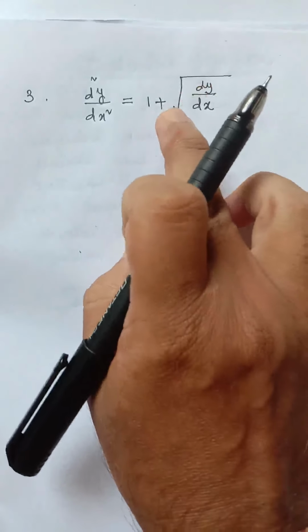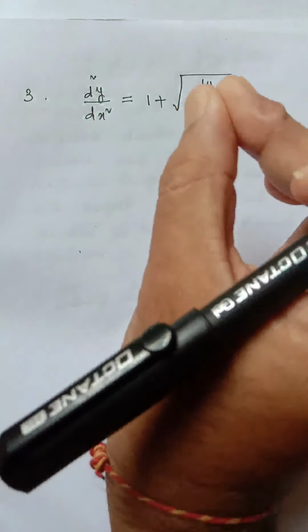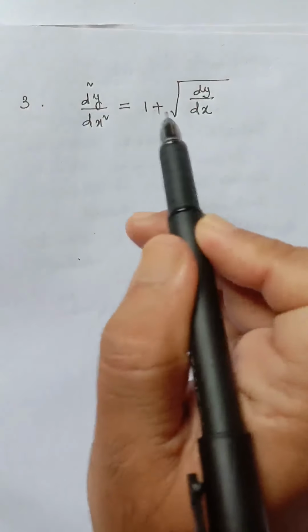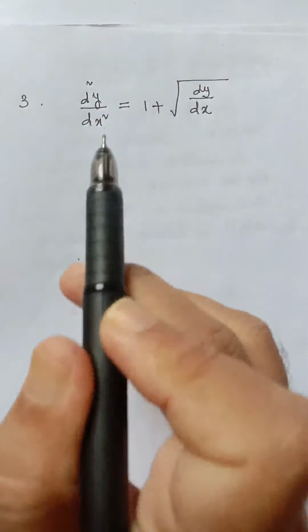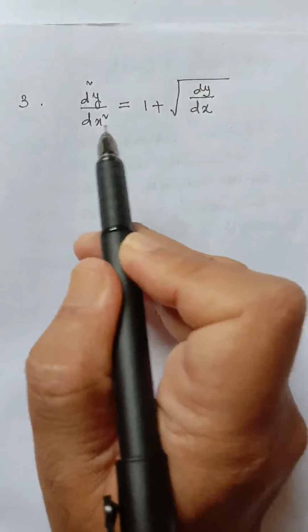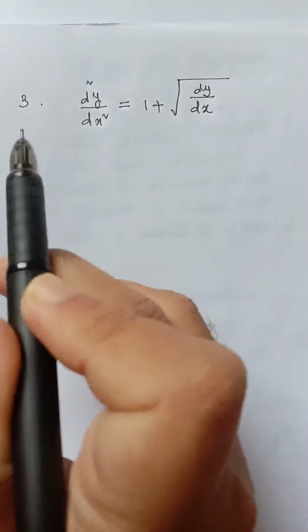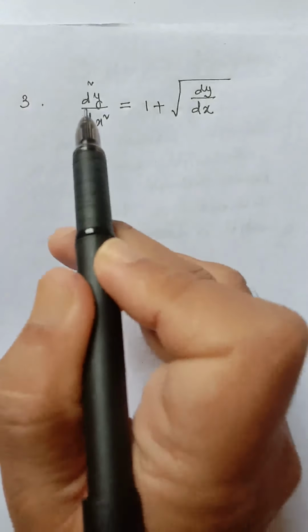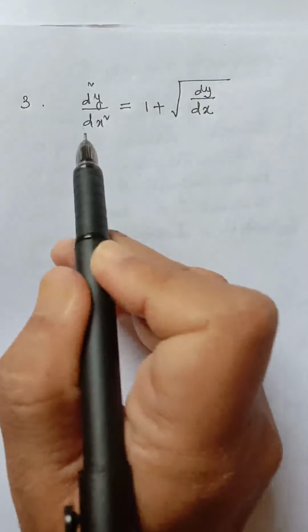So we have to remove it. All the differential coefficients must be free from radicals or fractions. The power of no derivative can be a fraction. If there is a fraction, we have to remove it. If there is a root sign over any differential coefficient, we have to remove it.